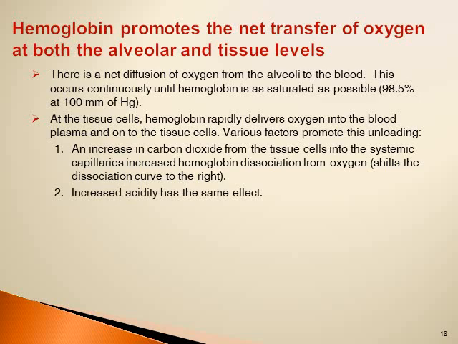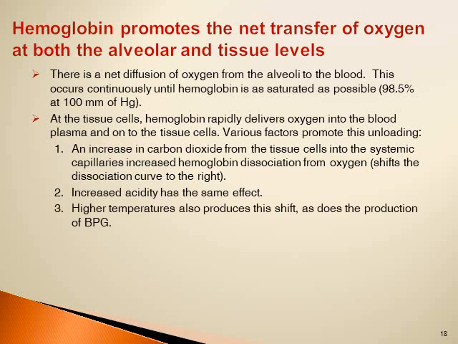High metabolism will cause high acidity or low pH. So increased acidity will shift the hemoglobin oxygen dissociation curve to the right, which means more dissociation of oxygen from hemoglobin in the systemic capillaries, or more unloading of oxygen to the tissue cells.